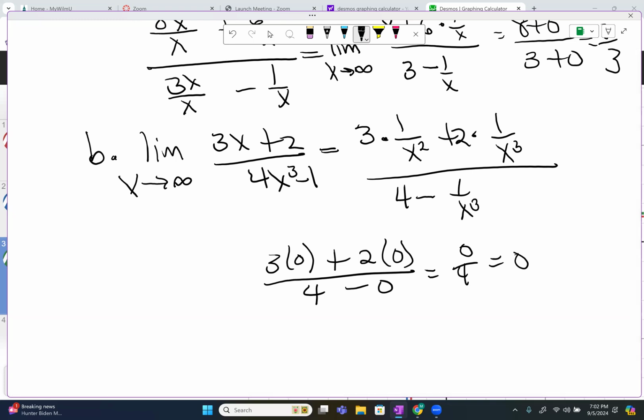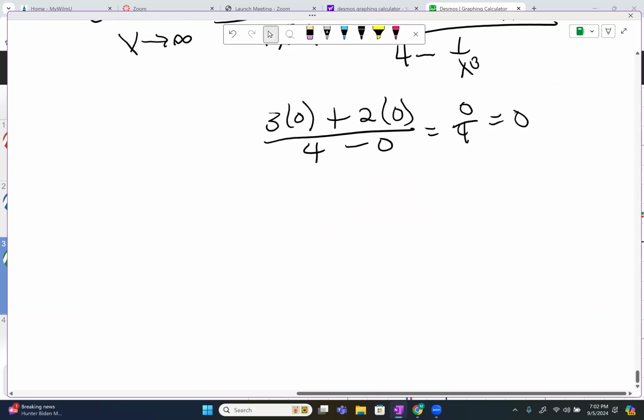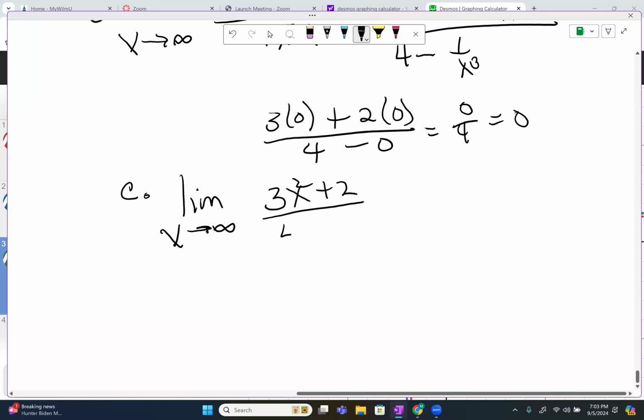Okay. The next one. Example C. Here you have the limit as x approaches infinity of 3x squared plus 2 over 4x minus 3.